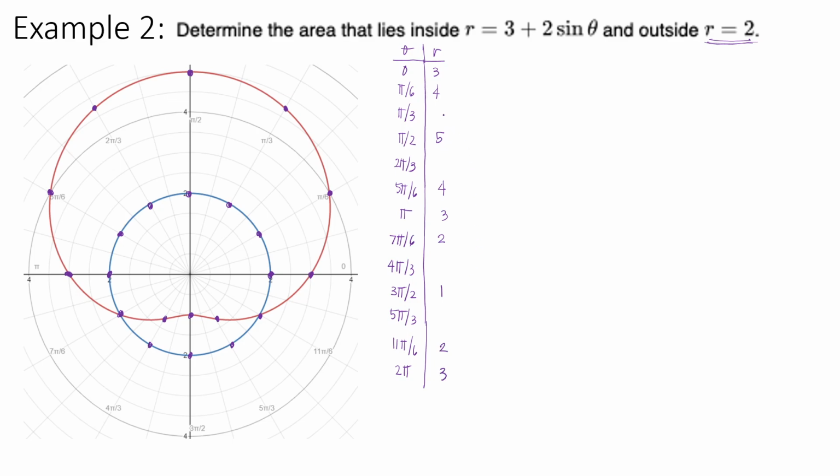Okay, so just for pi over 3, what's the value for pi over 3? So 4 point something.